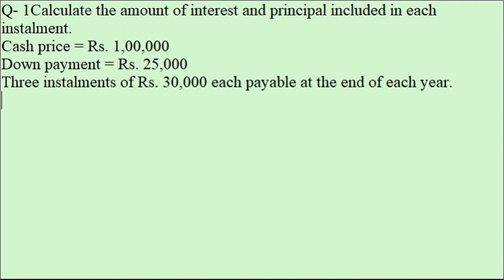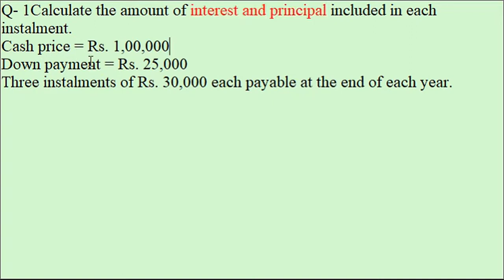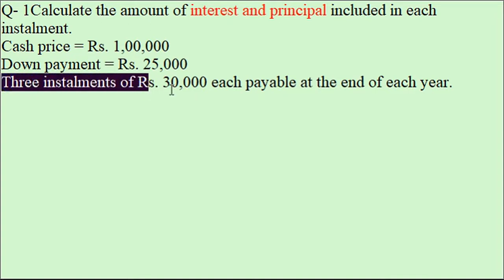This is the question given. You need to calculate what is the amount of interest and principal that is included in each installment, and the data given to you is cash price is rupees 1 lakh, down payment is rupees 25,000, and you have to make payment of three installments of rupees 30,000 each.